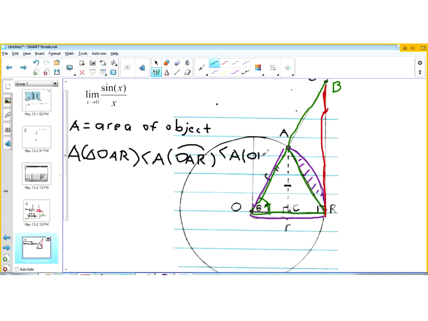Can you see triangle OBR? So just from pictures alone, we have this inequality relationship.